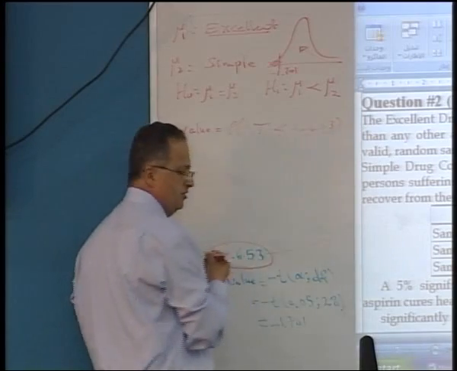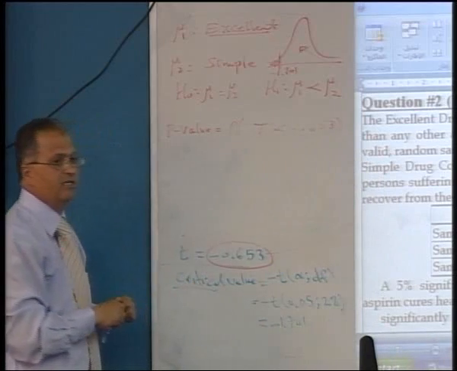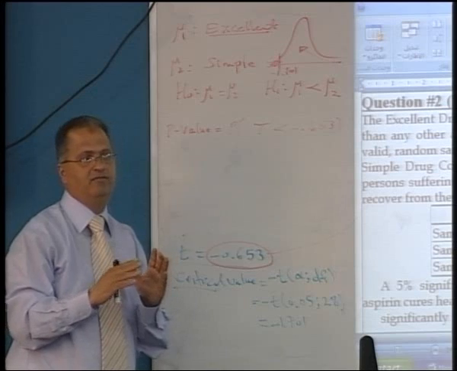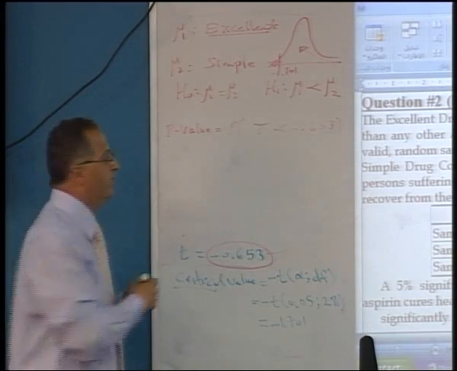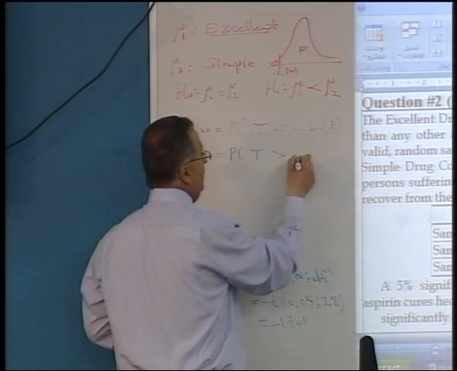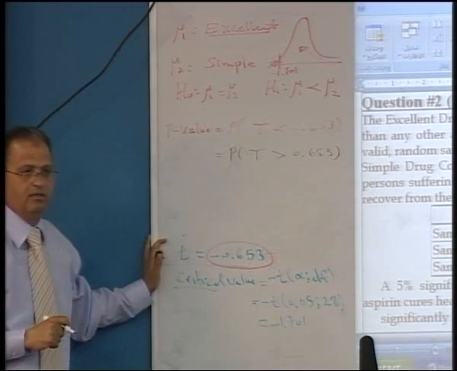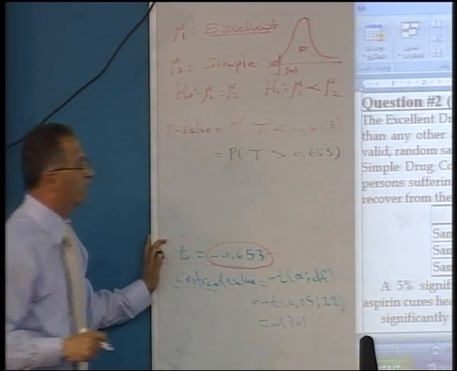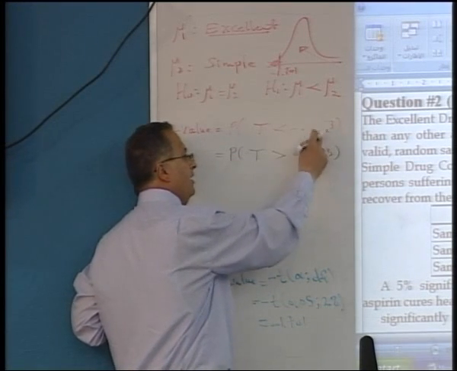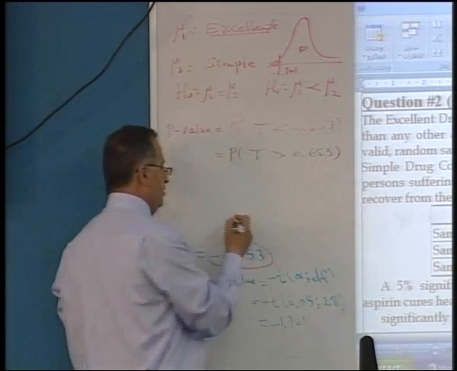So we are looking for this probability P of t smaller than negative 0.653. The table you have gives the area in the upper tail. So this is the same as P of t greater than 0.653, because the area to the right of 0.653 is the same as the area to the left of negative 0.653 because of symmetry. Just look at the t table.